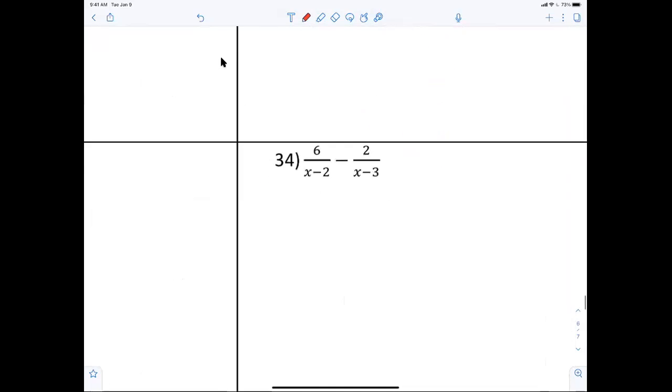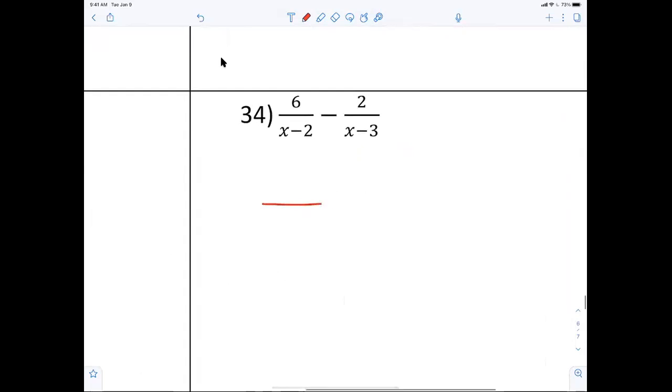All right, one more. Common denominator, x minus 2, x minus 3. Beautiful. On the left, I have to put in x minus 3, and on the right, I have to put in x minus 2. All right, guys, I think that's not that bad. Distributing a 6, I get 6x minus, now what am I distributing on the right?